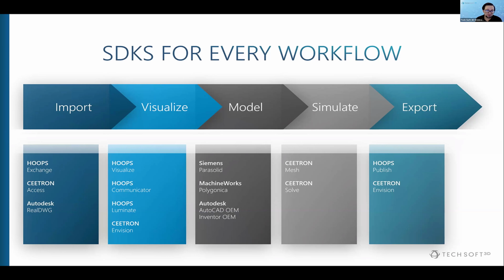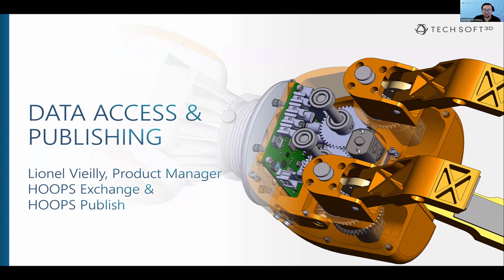And our new product, Hoops Luminate, which is advanced and photorealistic rendering, as well as our 3D PDF SDK for export, Hoops Publish. We also have bundles of these as platforms, our Hoops native platform and our Hoops web platform. Without any further ado, I'm going to hand things off to Lionel to talk about Hoops Exchange and Hoops Publish. Lionel, over to you.